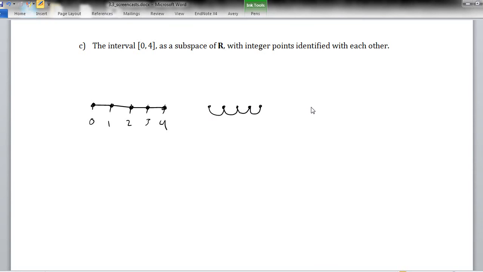You're going to get a 4-leaf clover, or something topologically equivalent to that. I've identified those 5 points all right here in the middle, and no other point ends up on top of any other point, assuming that there's no overlap here. So this is the quotient space when we identify these integer points.